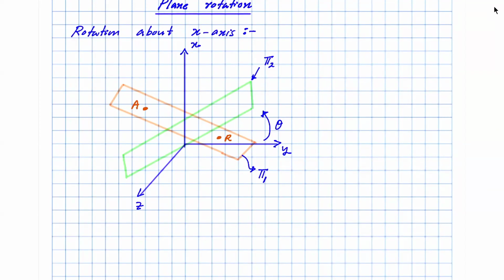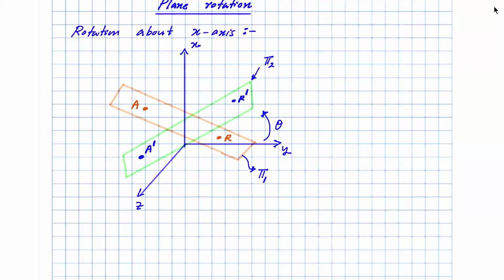Now you have to understand, because of this plane rotation, what will happen? A becomes A prime. R becomes R prime, right?